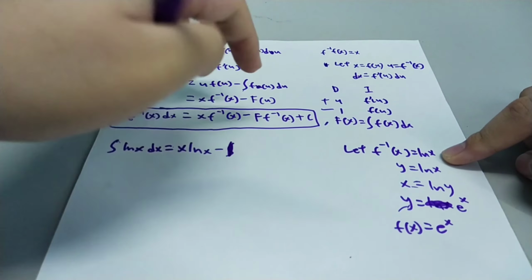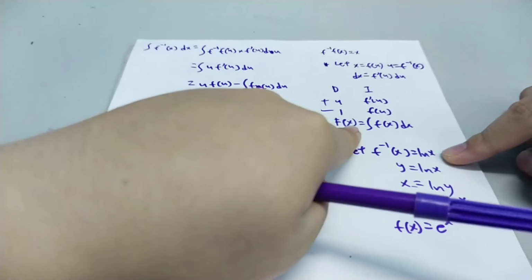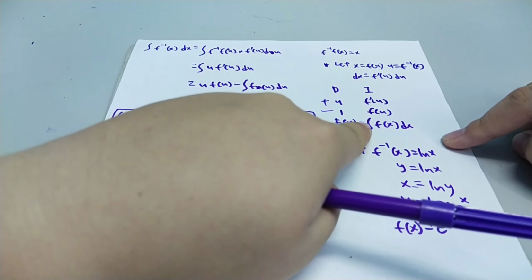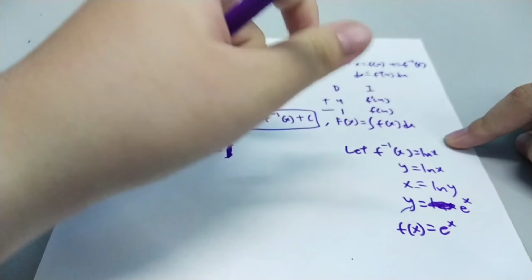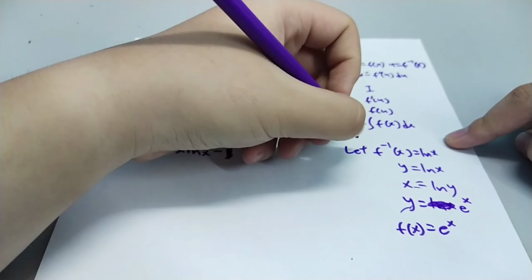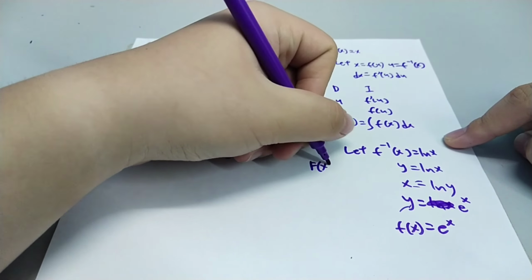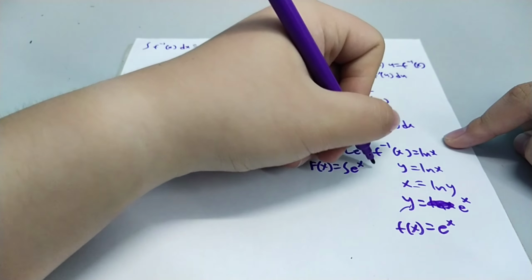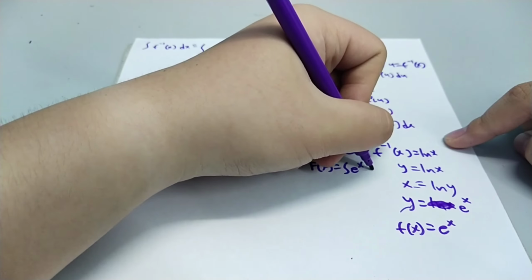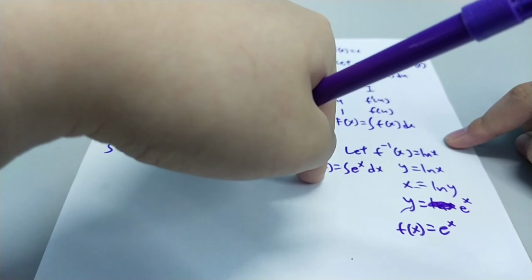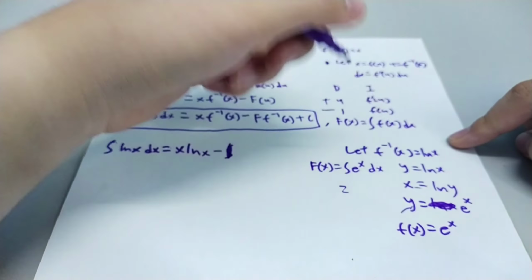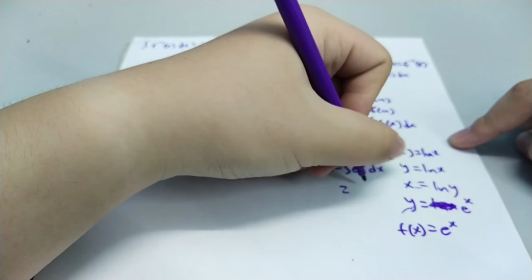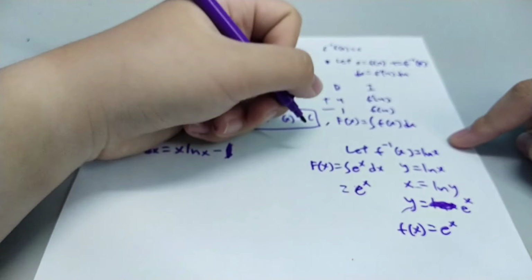But wait, so we got the f, and remember capital F of x is equal to the integral of f of x dx. We have f of x right here. So in order to have the capital F of x, it is equal to the integral of e to the power of x dx. So this thing is going to remain the same, of course, which is equal to e to the x.